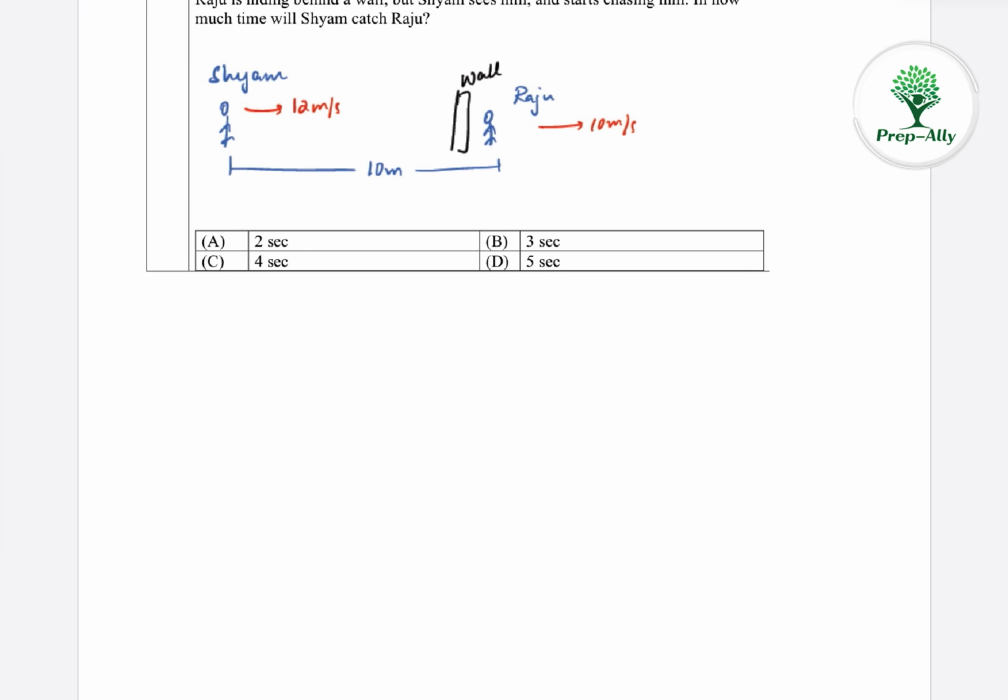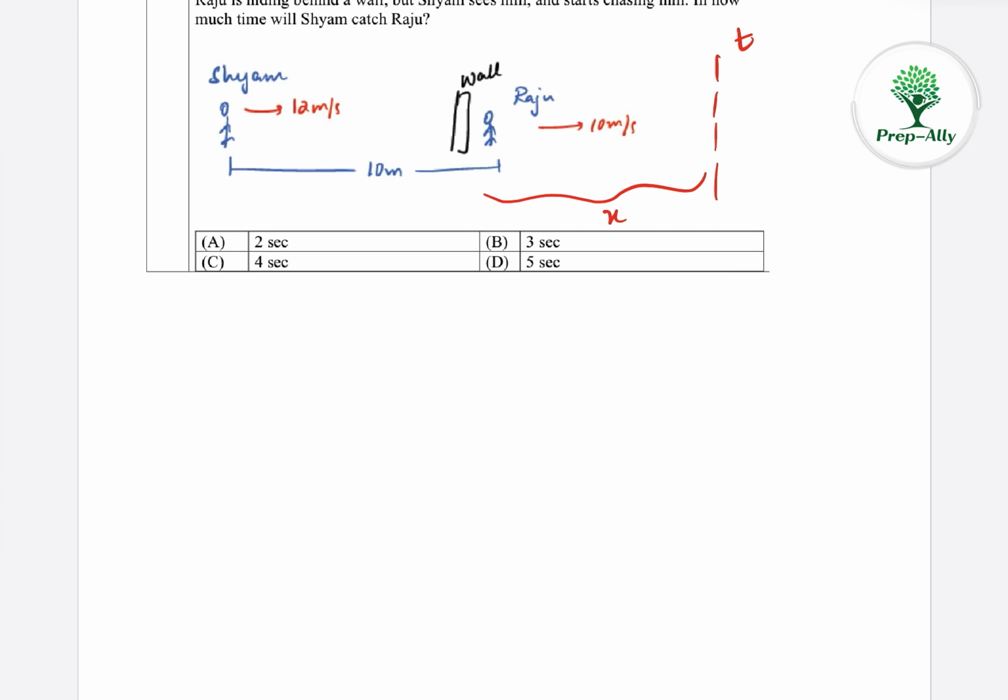So let us say that they both will meet when they reach, say, this point. So the distance between Raju and this point of meeting is, say, some x, which means if they are both meeting at this point in the same time t, then in that time t, Raju has covered distance x while Sham has covered a distance of 10 plus x.